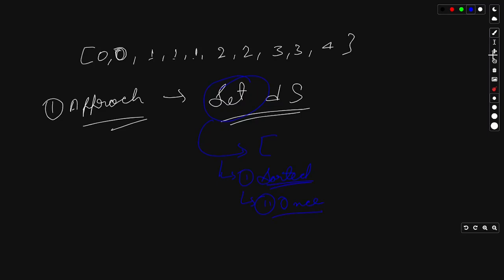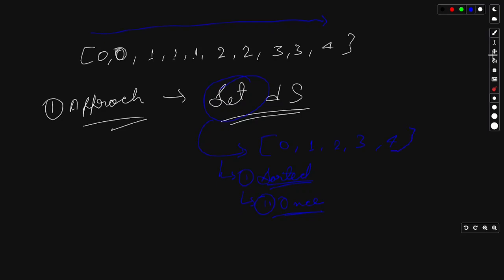So when we iterate through this array and insert everything into the set, it will automatically sort the elements and remove duplicates. We will finally have 0 1 2 3 4 within the set.